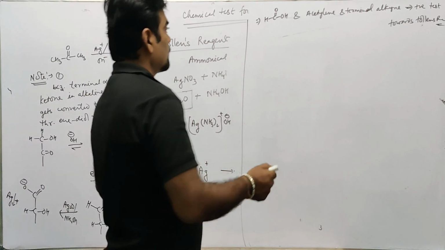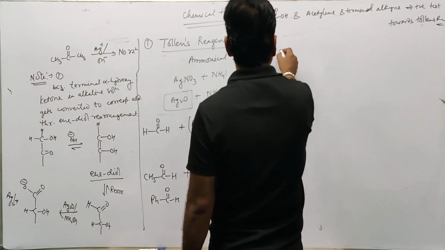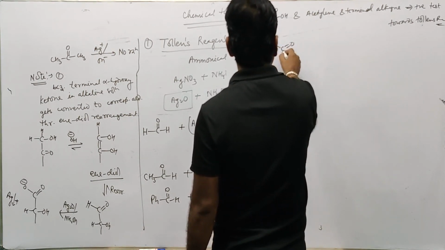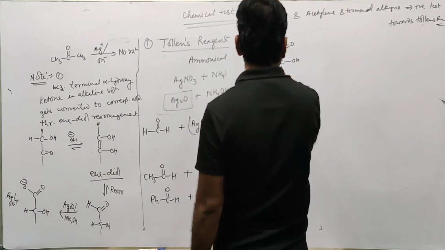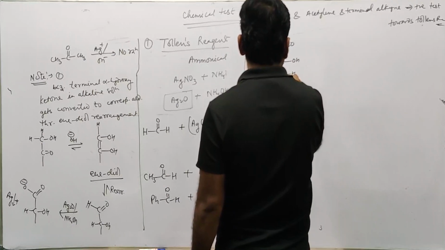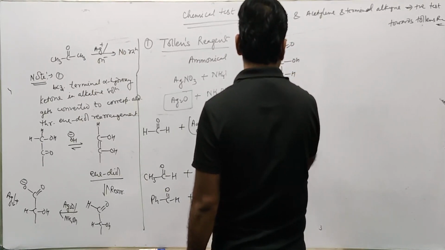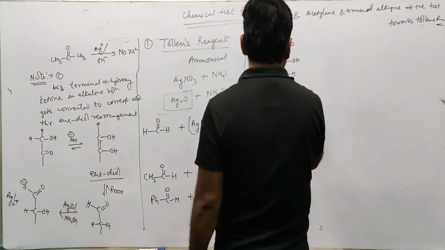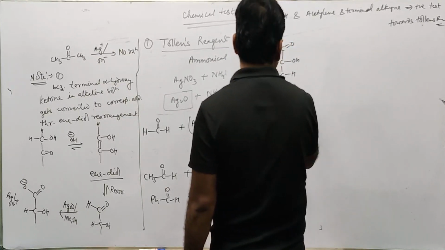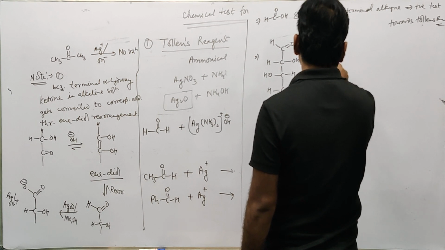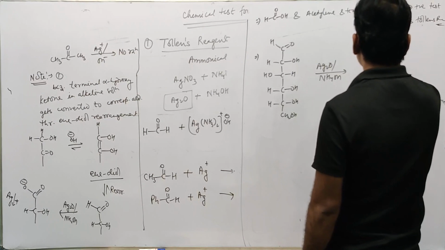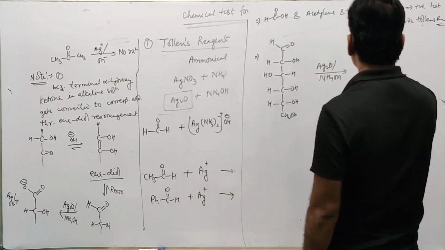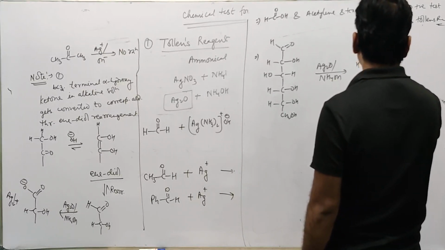Okay. Again, see, if there is glucose, it will respond to this test positively with silver oxide in ammonium hydroxide, becoming COO minus, with OH, H, OH, H over here.